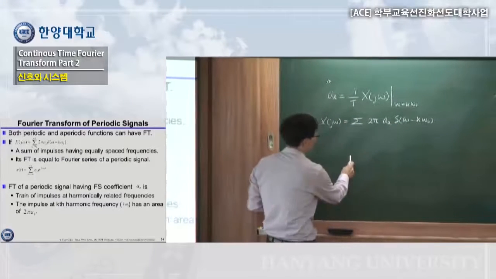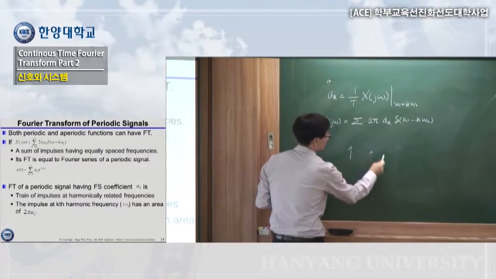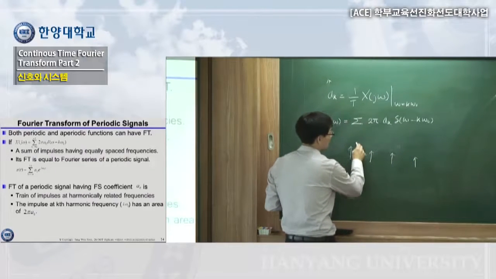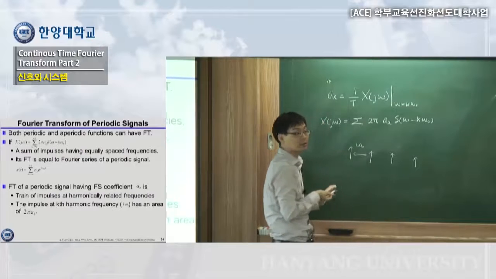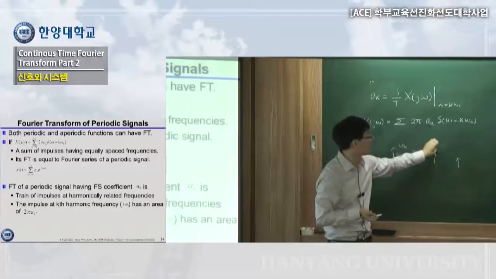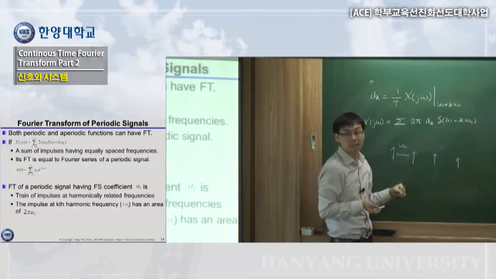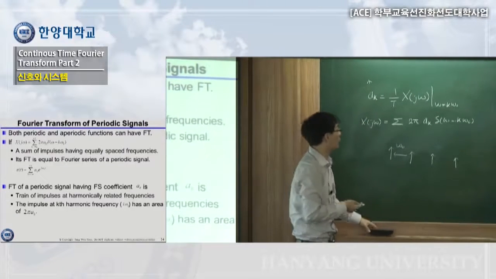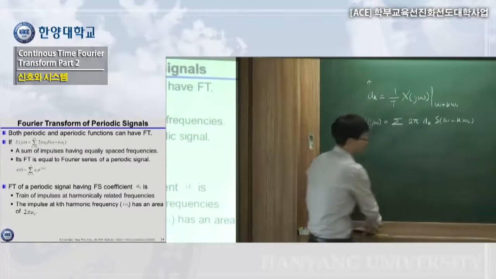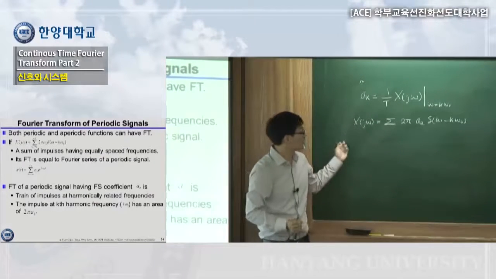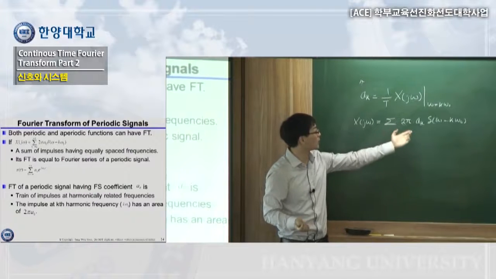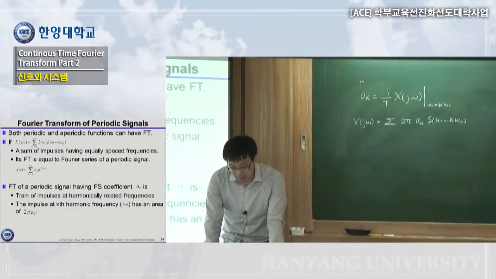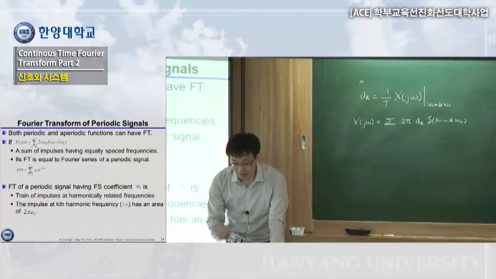Delta functions are equally spaced by omega 0, and they are picking up samples at each spacing of omega 0. So this delta function works as what we have done before. If you can represent X of j omega like that, then they will be the same function.